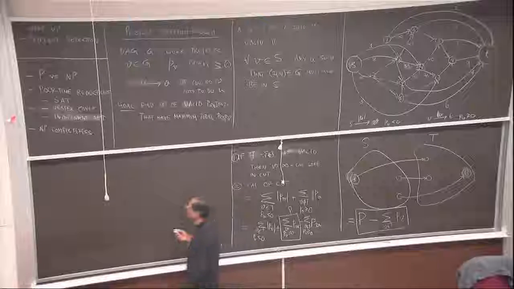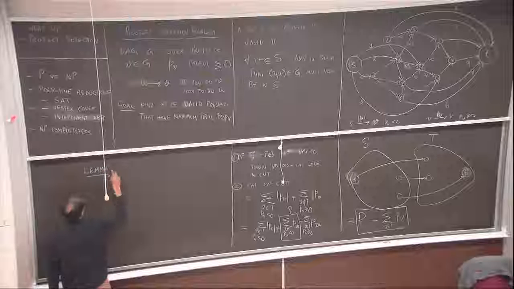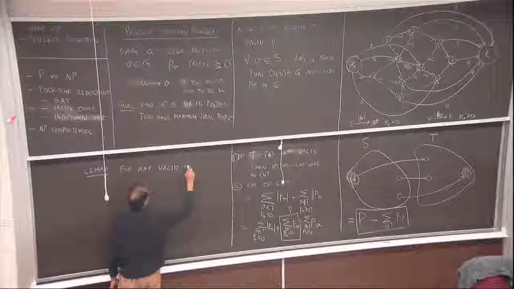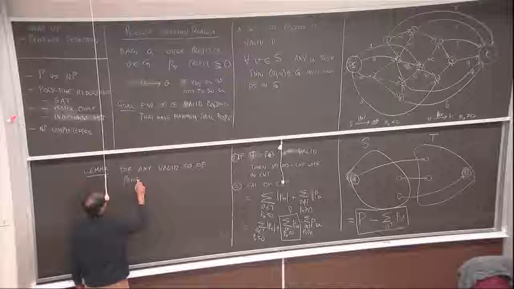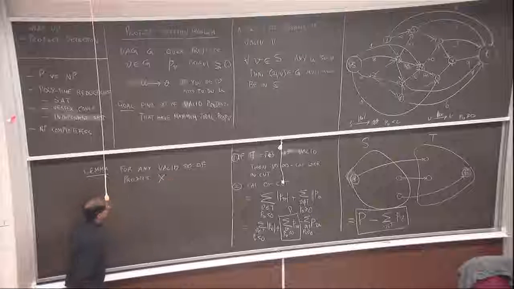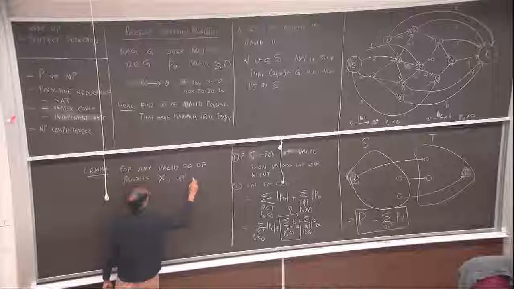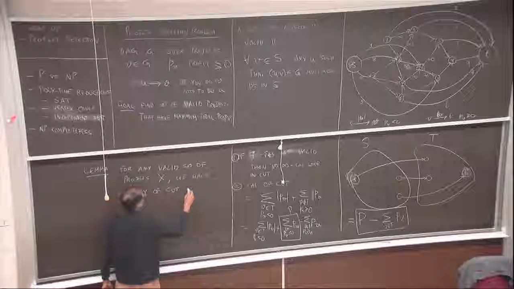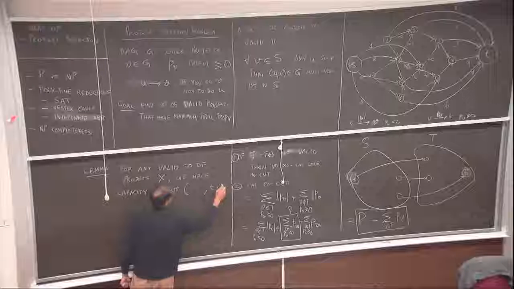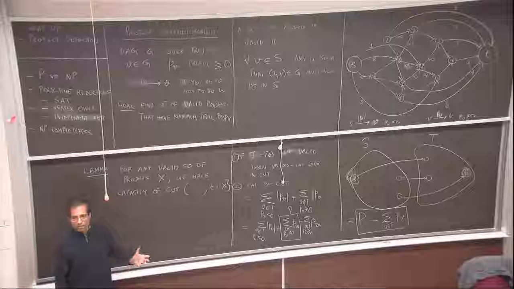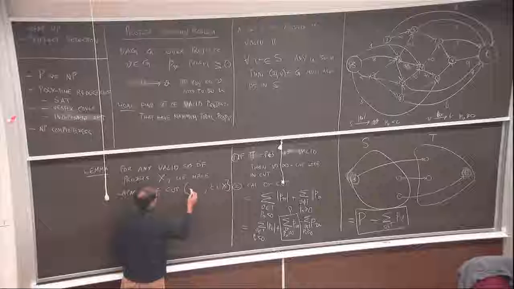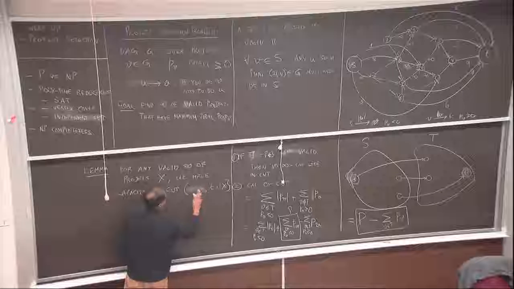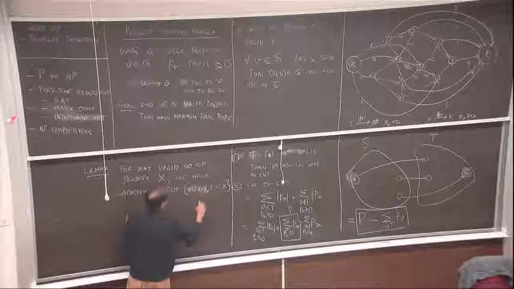Okay, so here is the lemma that we have just shown. For any valid set of projects, let's call it X, we have the capacity of the cut given by one side is T union X, and the other side is whatever is remaining, S union V minus X, where V is the set of all projects.